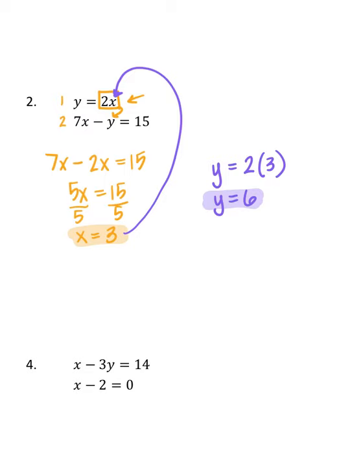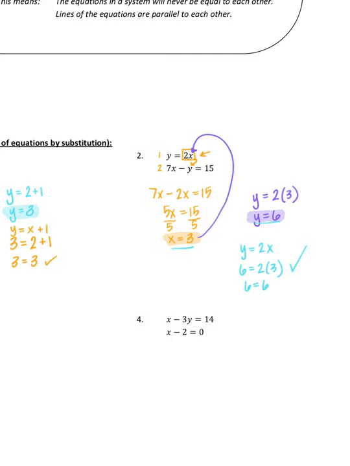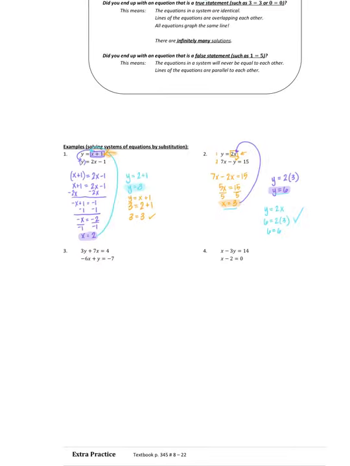And if I want to check myself, I'm going to plug in my original problem. So y equals 2x. I'm going to plug in my x answer and my y answer. So I get 6 equals 2 times 3. And 6 equals 6. So I am good to go. There's my solution, is x equals 3, y equals 6.